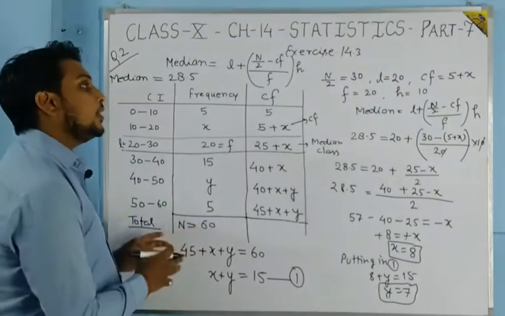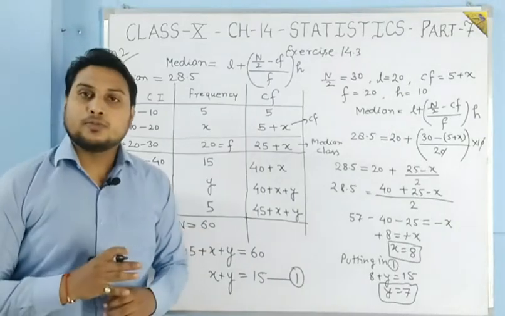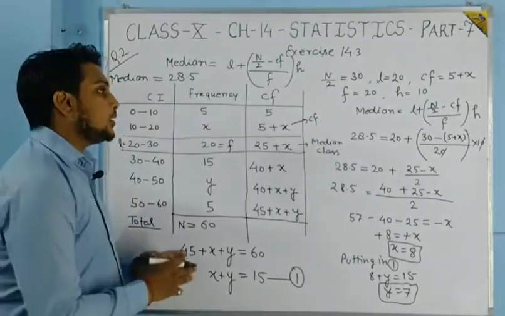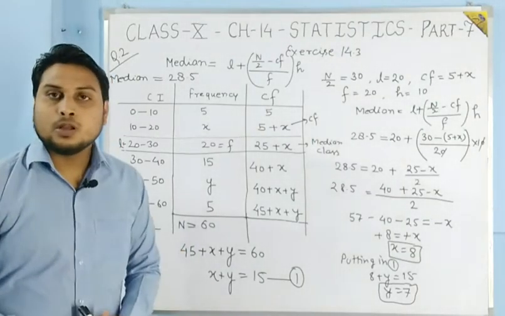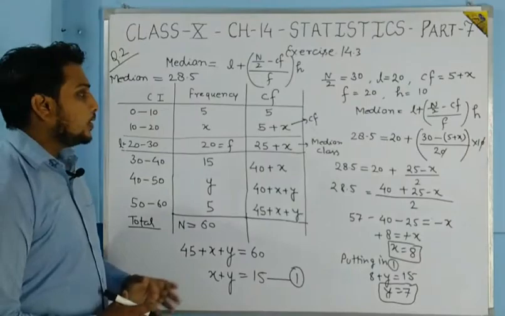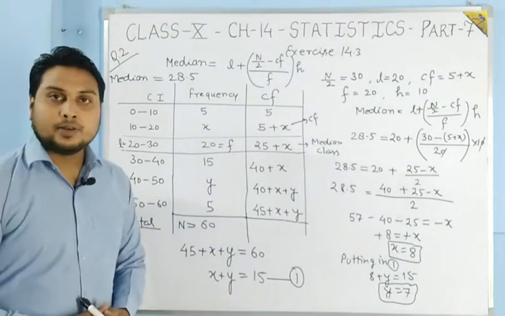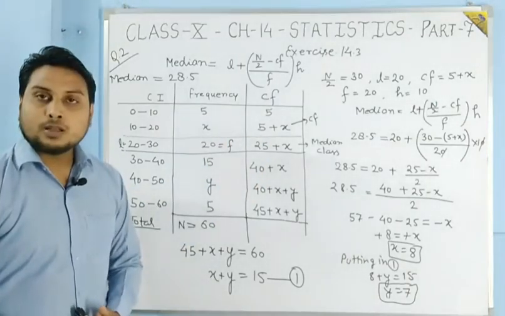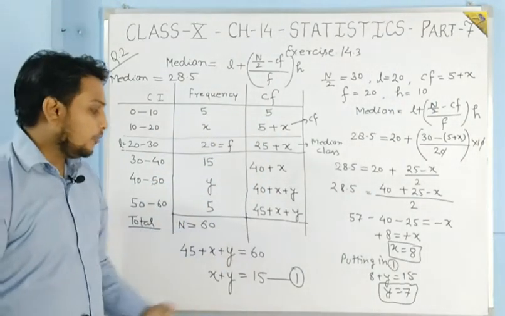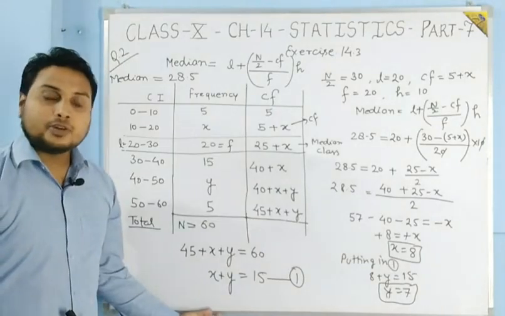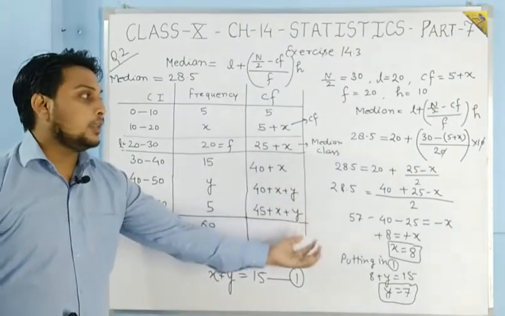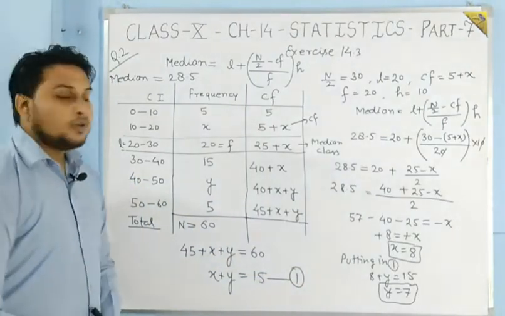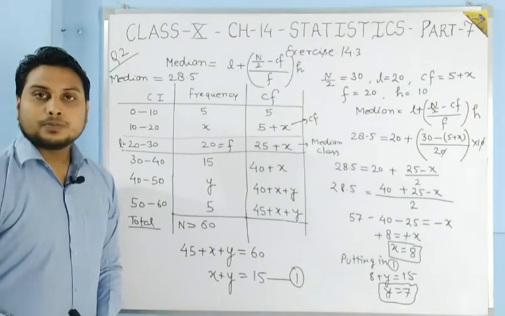You can solve it easily if you follow the procedure from the previous types of questions. Students, nothing different has been done. I followed the same procedure by applying the median formula, and here I have added the cumulative frequency, and I have made the first equation so that after finding one variable we can find the other variable. Now you can pause the video and note it down.